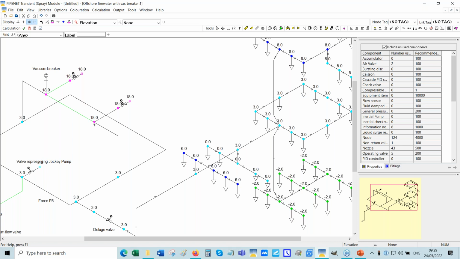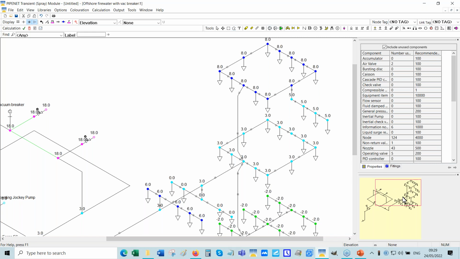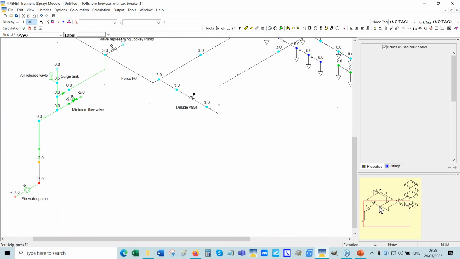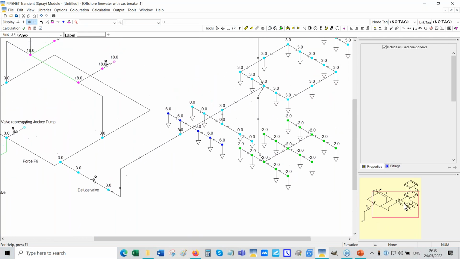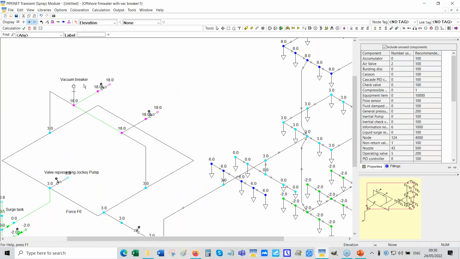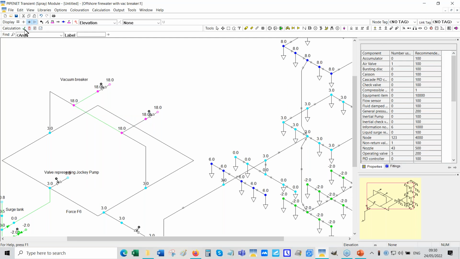So the helideck, it's normally the case, is at 18, whereas this deluge system goes up to 8 meters. And the datum is the pump. Okay, so I'm going to remove it, and usually you place a vacuum breaker at the highest point here. So let's see.